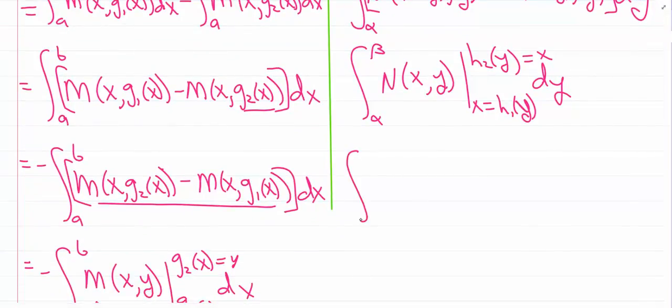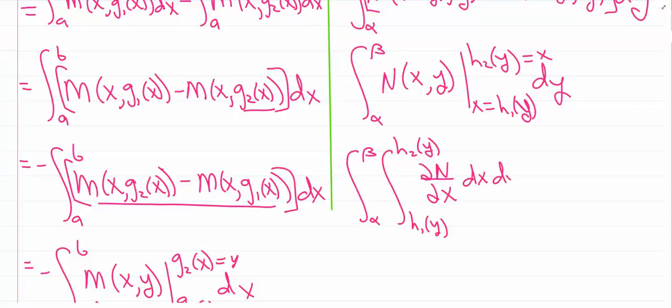Then let's go to the next step. The next step is we've got alpha to beta, and let me put another integral in there. I put h1 of y, h2 of y, and let me do the partial of n with respect to x this time, and here's dx dy. Everybody okay with that? I'm just rewriting what it is.